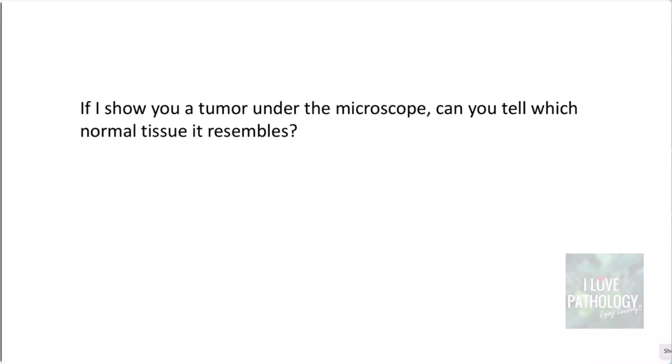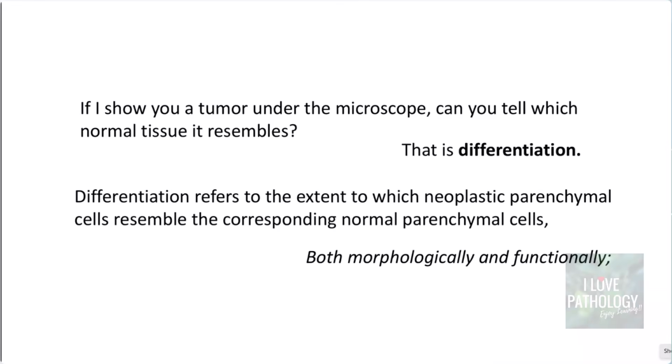Now, if I show you a tumor under the microscope, can you tell me which normal tissue it resembles? If you can tell which normal tissue it resembles, that is called differentiation. So basically, differentiation means the extent to which the neoplastic cells or the tumor cells resemble the corresponding normal parenchymal cells. This resemblance is both morphological as well as functional.